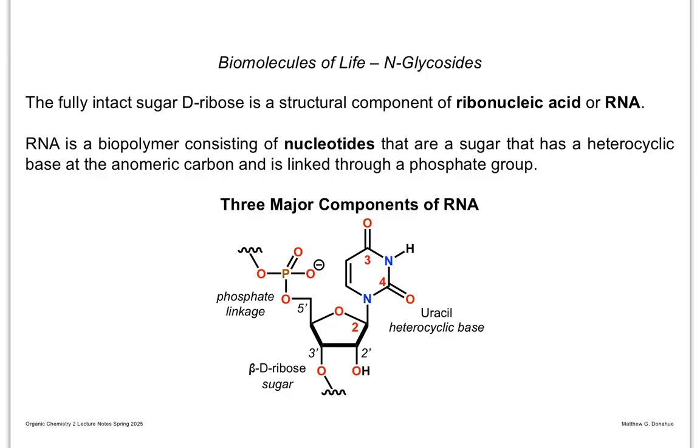The reason I want to start with RNA first is that it's the fully intact ribose molecule. When we get to DNA, I'll re-explain what that D means. So the 3 structural components: you have your heterocyclic base. Again, that can vary. It can be 4 different things.